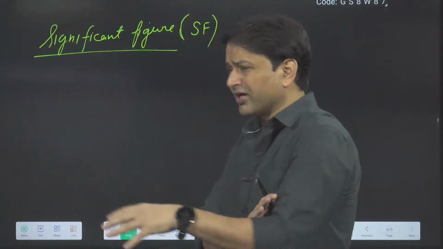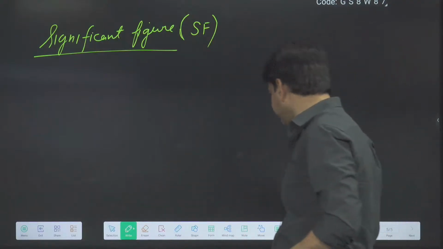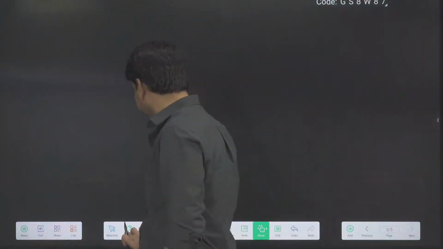Okay, what is the meaning of certain? What is the meaning of uncertain? So I am giving a small example. We are using the normal meter scale.